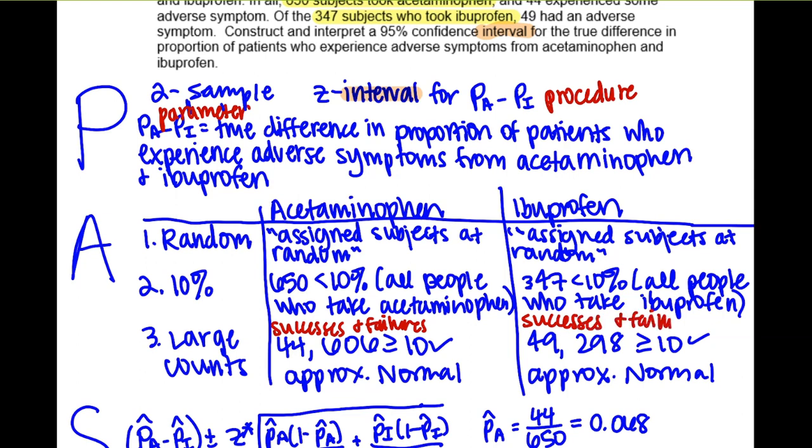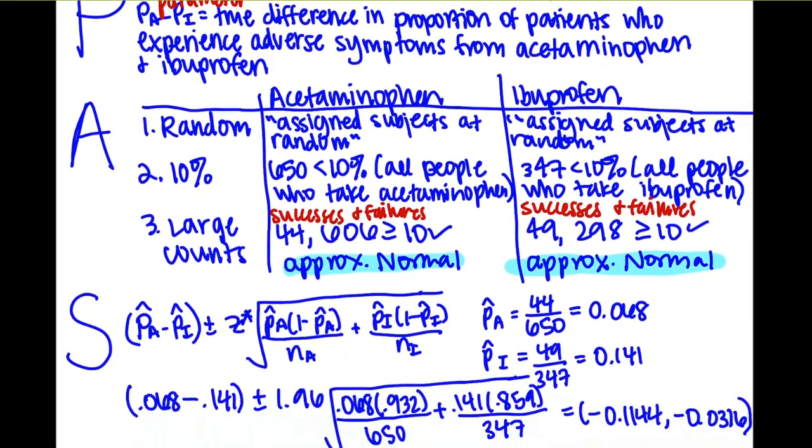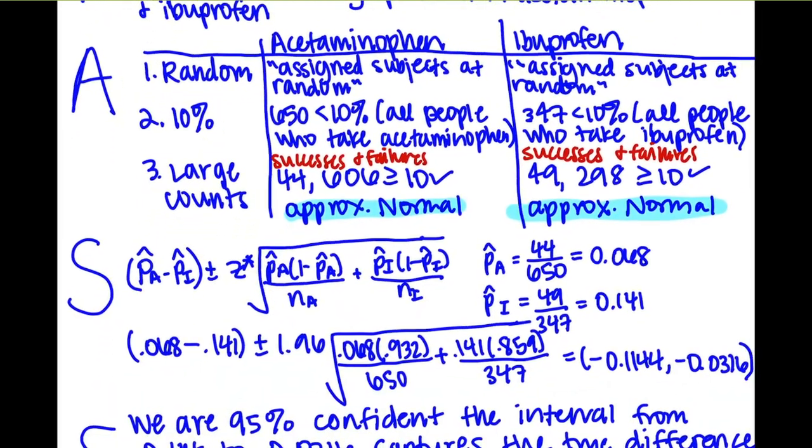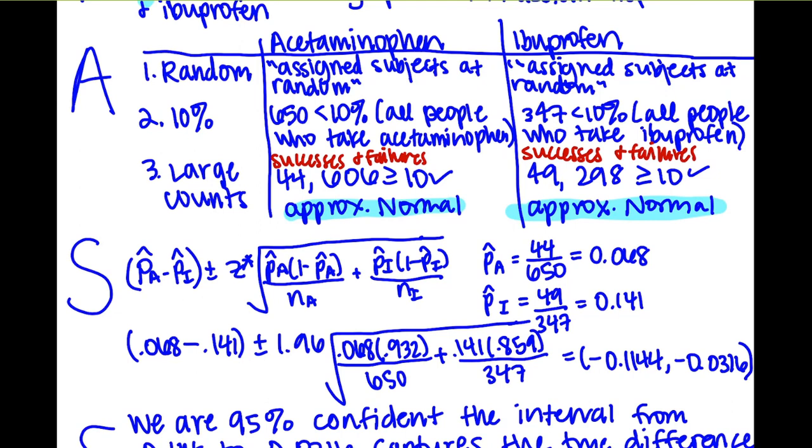And don't forget to say approximately normal here, there, and there, because that's an important part of the large counts condition. And again, we have our formula. Then we have it filled in. And then we have our calculation.